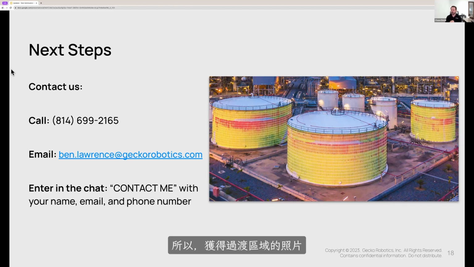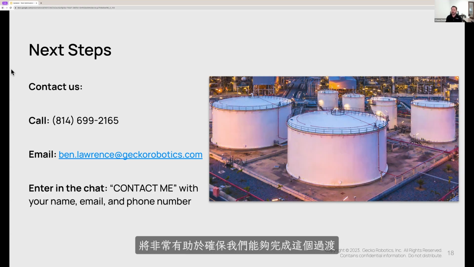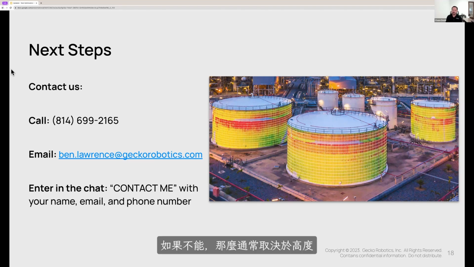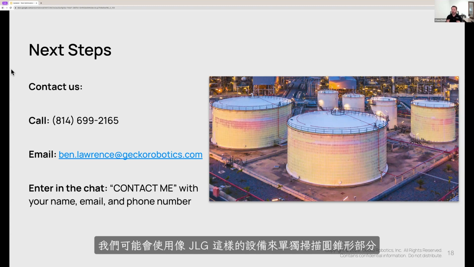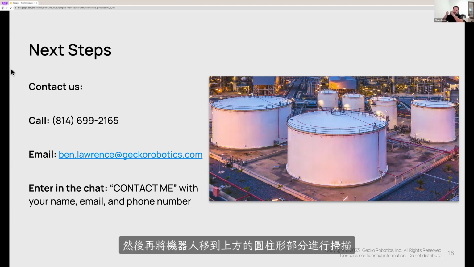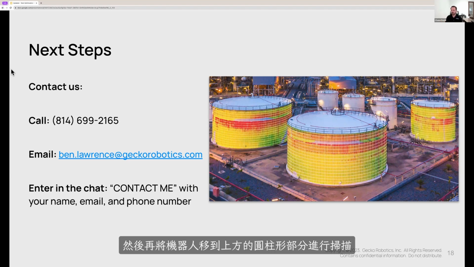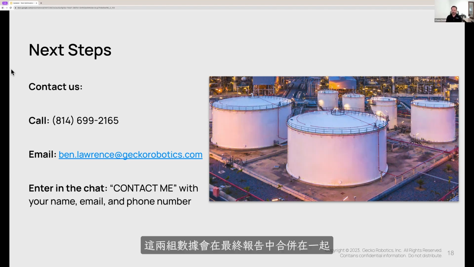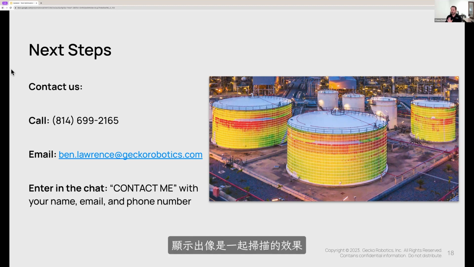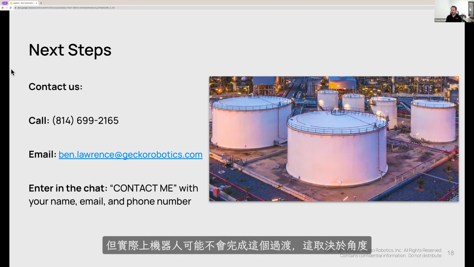So getting some pictures of the area of interest, where the transition is, and then getting fabrication or as-built drawings would be very helpful to make sure that we can. If we can't, then it's often that depending on how high it is, we may use a JLG or some form of access, and we'll scan the conical section separately, and then we'll move the robot to the shell course above and then scan that separately. The two data sets will come together in the final report. It'll look like it was scanned together, but the robot may not transition it depending on the angle.